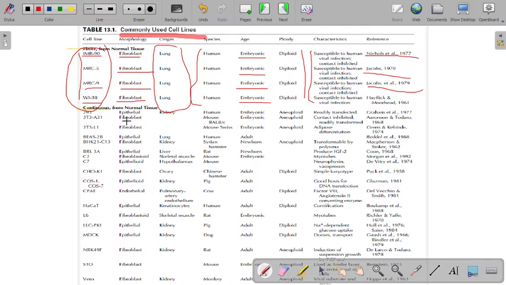And these infinite cell lines produce as much as they can. There is no definitive pause or definitive stop to that cell line. And this is a very important thing.